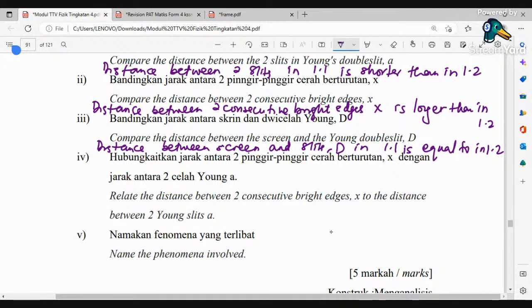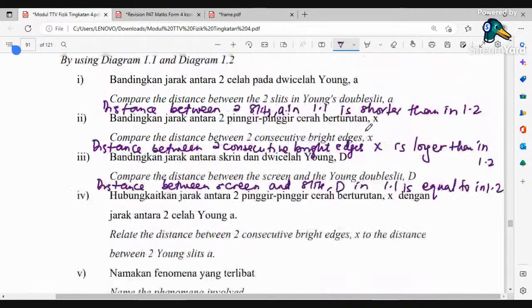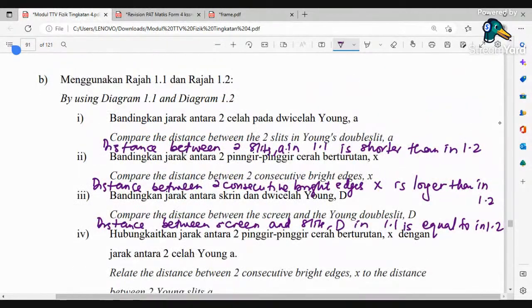It's okay. Relate between distance two consecutive edges x and separation distance between two slit A, x and A. The first one is A, right? So you nampak dari atas 1.1. In 1.1, I miss out again. Okay. So shorter, longer. Shorter, longer.